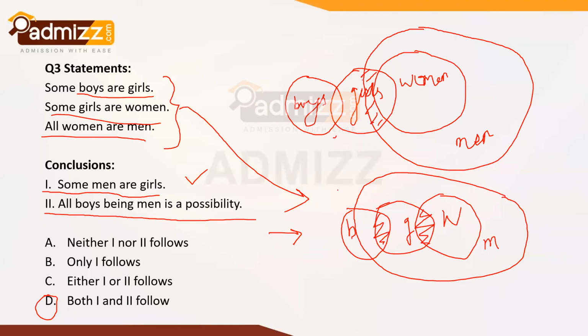So since all three statements are satisfied, this figure is correct as well. Both of these are correct, just two separate illustrations of the same statements. So all boys being men is definitely a possibility, since this set of men can encapsulate all boys or some boys or no boys at all. Did I make sense to everyone?